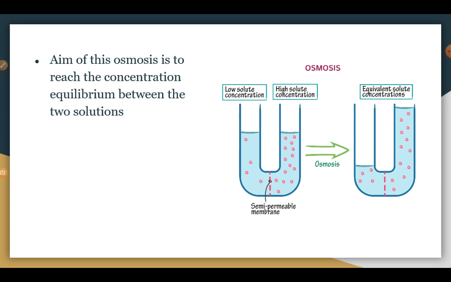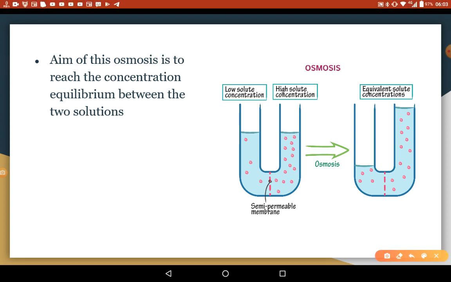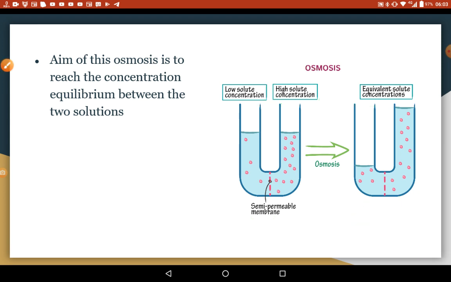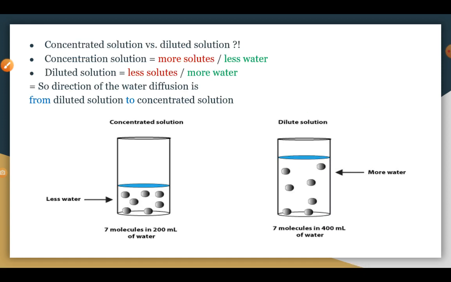The aim of this osmosis is to reach concentration equilibrium between the two solutions. As we see here, low solute concentration, high solute concentration, osmosis happens through a semi-permeable membrane until it reaches the equilibrium between the two solutions. Okay, concentrated solution versus diluted solution.